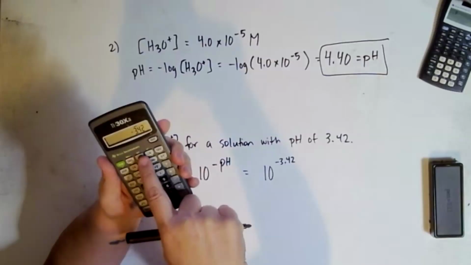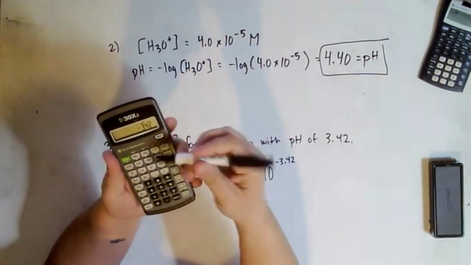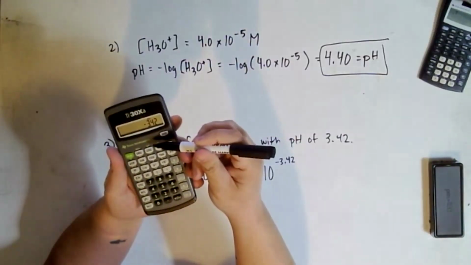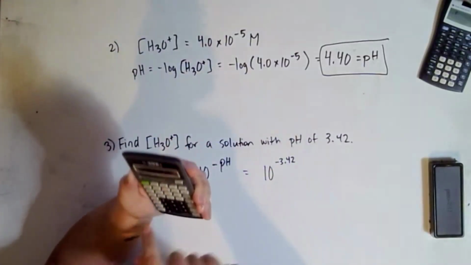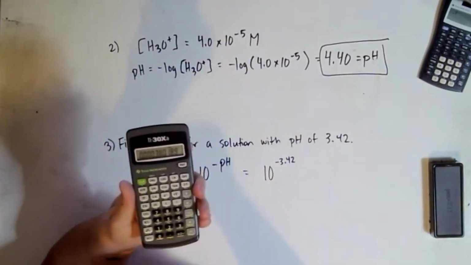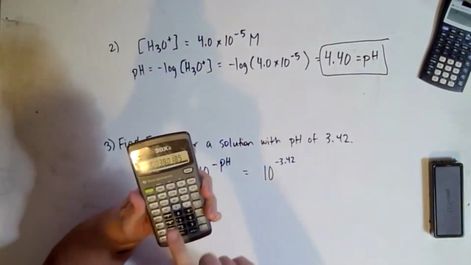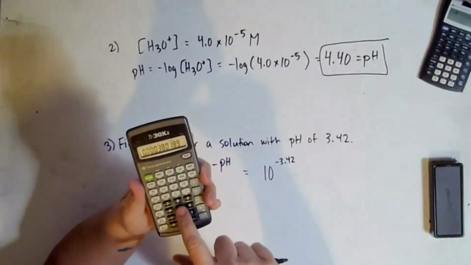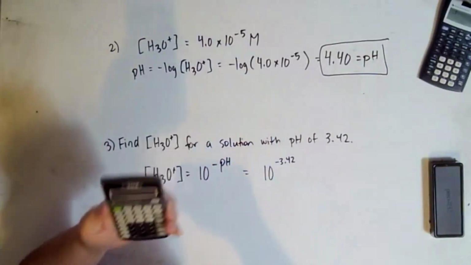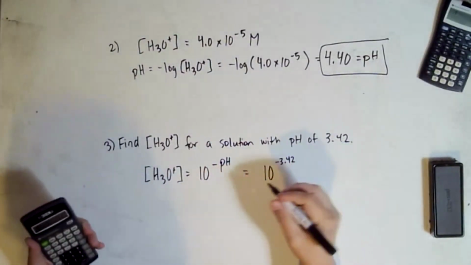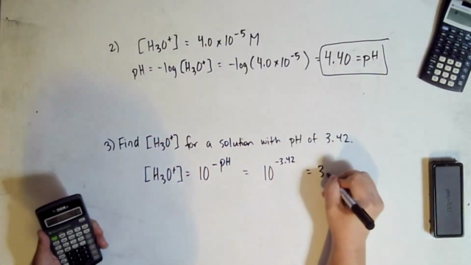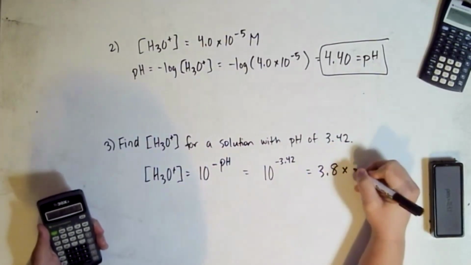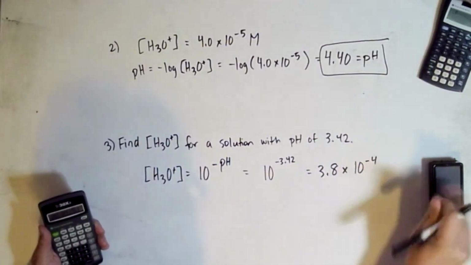Then I'm going to hit the second key and then the log key, because right above the log key is 10 to the X. And that's what I want here. So second log. I'm going to get a number with a lot of decimal places. So I'm going to hit the second key and the number 5 to turn it into scientific notation. And it tells me that it's 3.8 times 10 to the negative 4 molar.